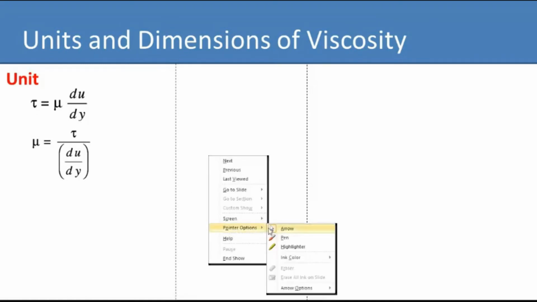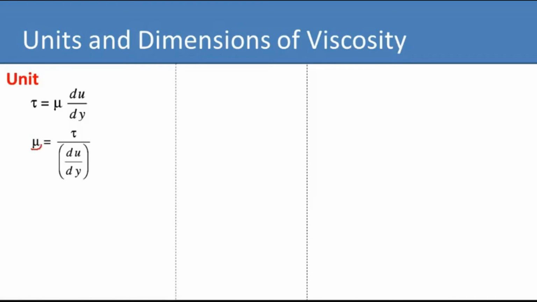So you can specify another definition of absolute viscosity: absolute viscosity is shear stress applied on the fluid per unit velocity gradient. When velocity gradient equals 1, then mu equals tau.